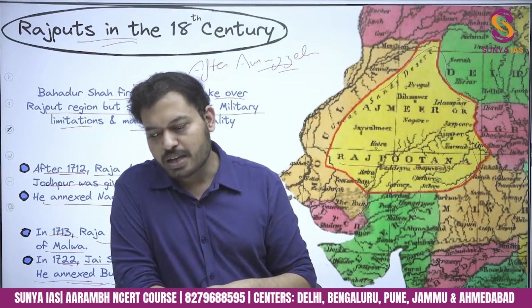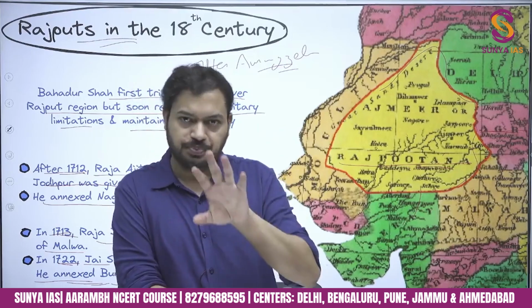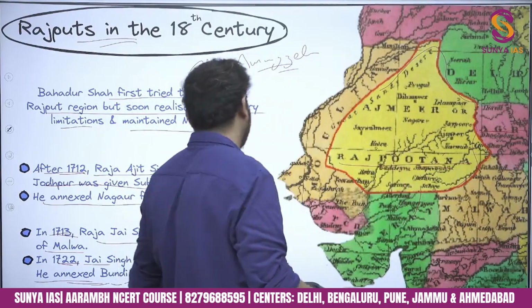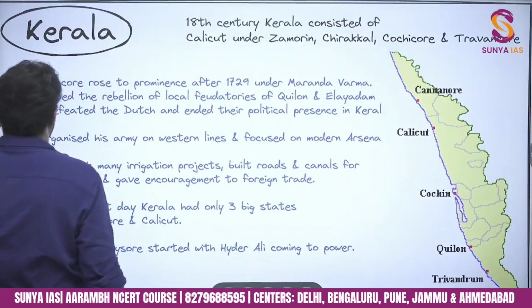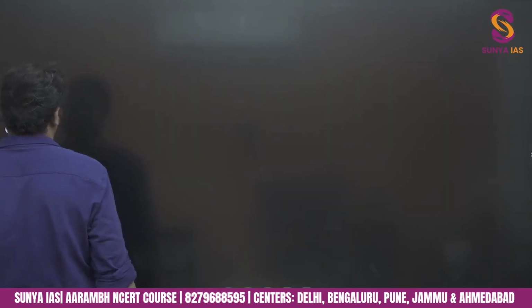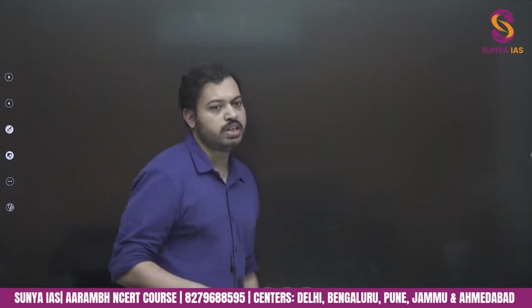You might also ask what happened after that. Let me explain this, although it is not mentioned anywhere in your NCERT, and it is also not needed for you. But let me explain, because a story should not be left half told.